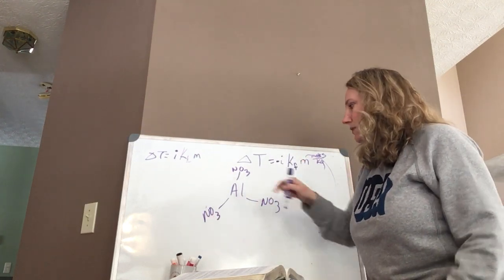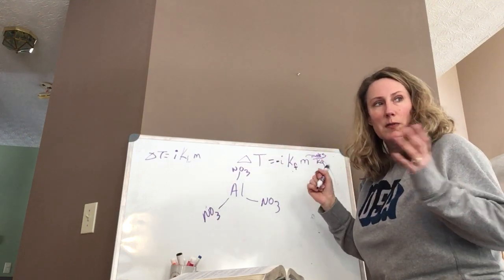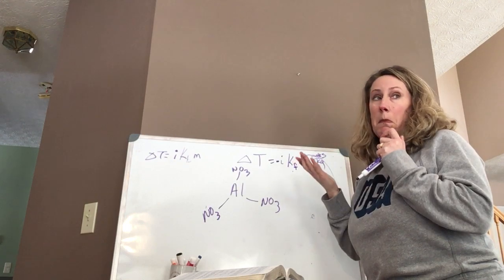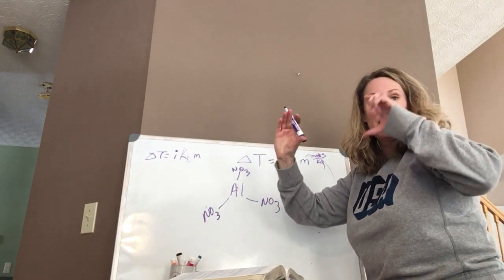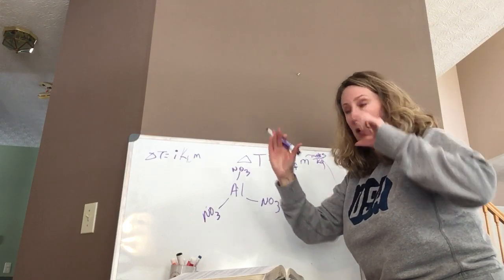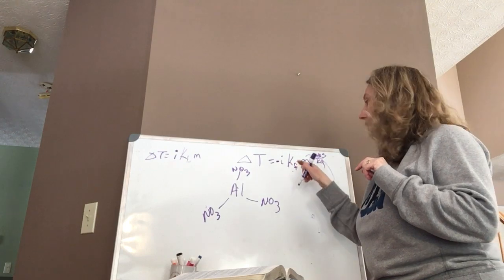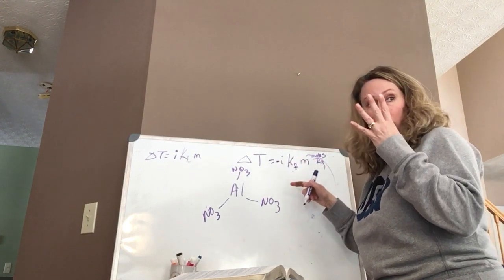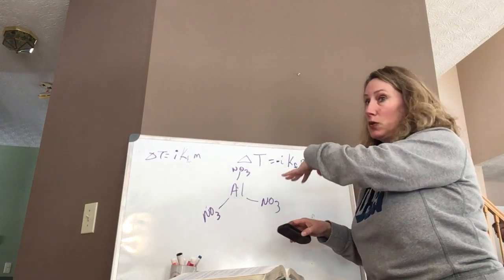These nitrate groups are negatively charged, so it looks something like this. So how many pieces does it break into? 4. Here's 1, 2, 3, 4. If you know that the thing in the parentheses stays together in 1 chunk, count how many pieces you break into. So your I, your how many ions, is going to be 4. Okay, so that means I sprinkle this out on my ice. It's really going to lower my temperature.